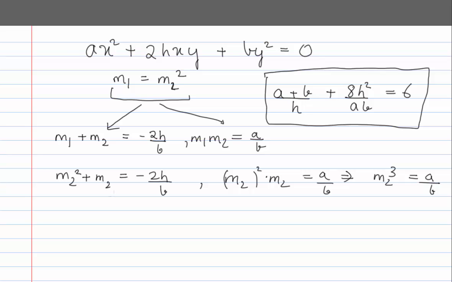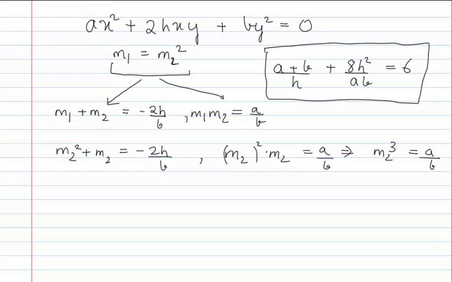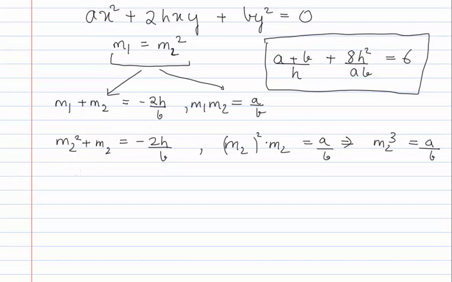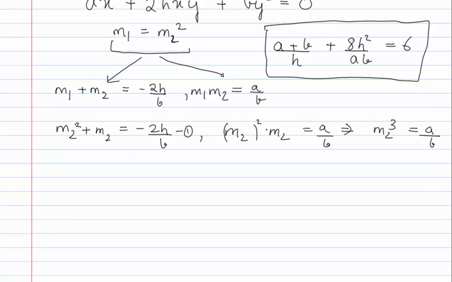Now it might not be obvious to you, but how we can eliminate it is just by cubing both sides of equation number, let's say this is 1. So if we cube both sides of equation number 1 and then we substitute the value of m2 cube in this, probably I think we can arrive at this. Let's look at what is going to happen if we do just that.